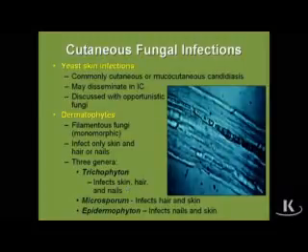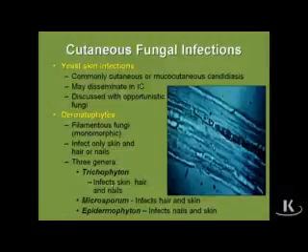Now, the other 2 genera that are commonly associated with cutaneous fungal infections are Microsporum and Epidermophyton. Clearly, we're talking about cutaneous infections, so you know they both infect the skin. Then you just have to remember one additional fact about each one of those, and that is that Microsporum infects the skin and the hair, and Epidermophyton infects the skin and the nails.